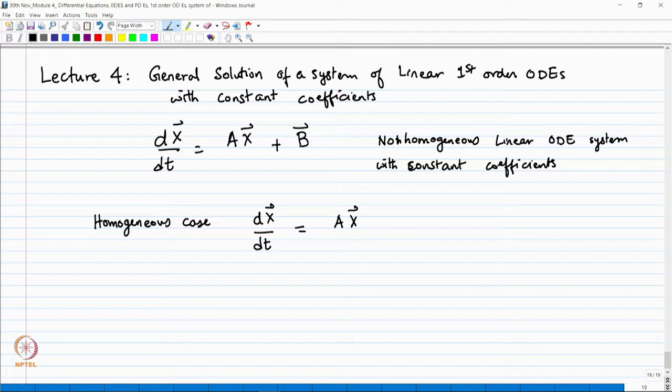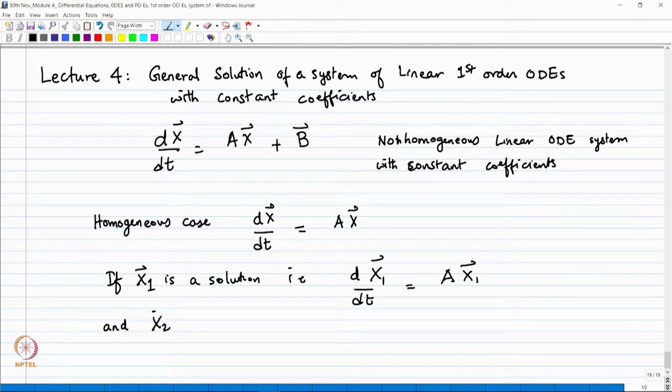Now, if x1 is a solution, that is dx1 by dt is equal to Ax1, and x2 is another solution, dx2 by dt is equal to Ax2.